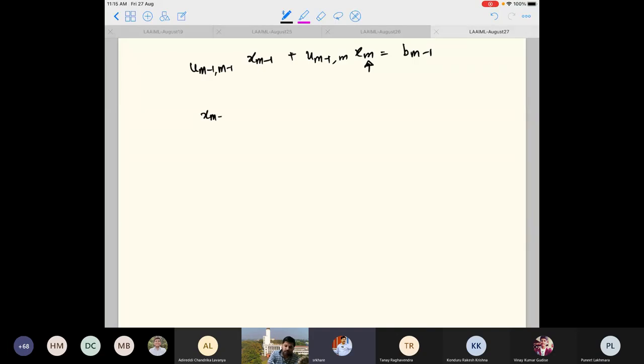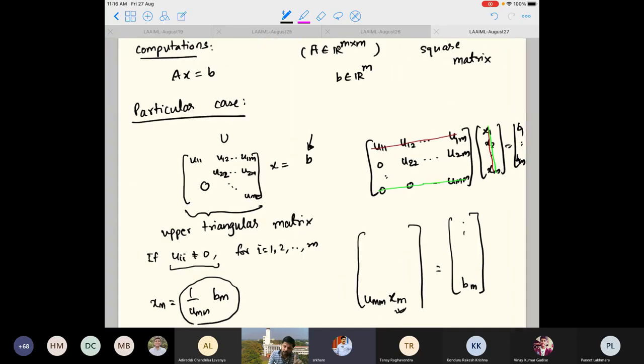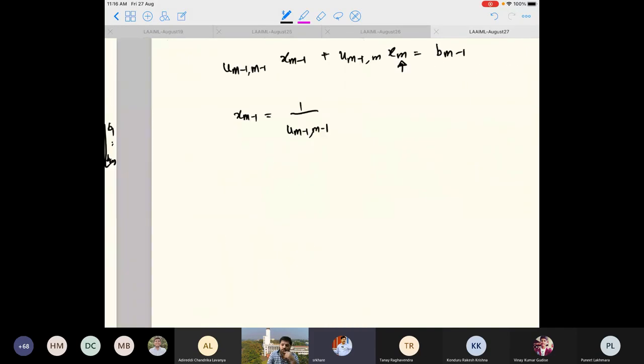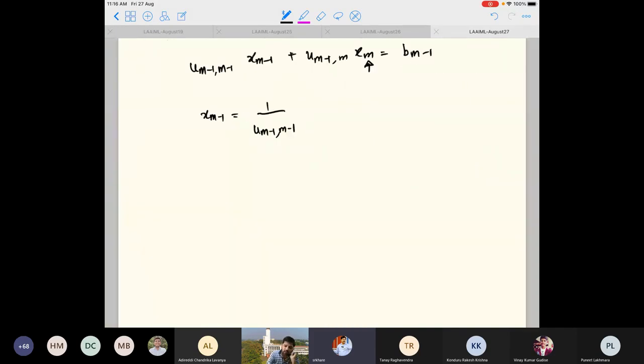And how do I do that? x(m-1) is equal to 1 upon U(m-1),(m-1) times (b(m-1) minus U(m-1),m xm). Again, check that the entry 1 upon U(m-1),(m-1) is a diagonal element. I have already assumed that diagonal entries are not equal to 0. So if that is guaranteed, then x(m-1) is actually equal to this, where xm I already calculated from the previous case.